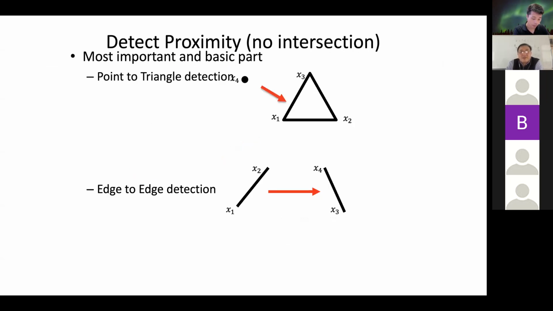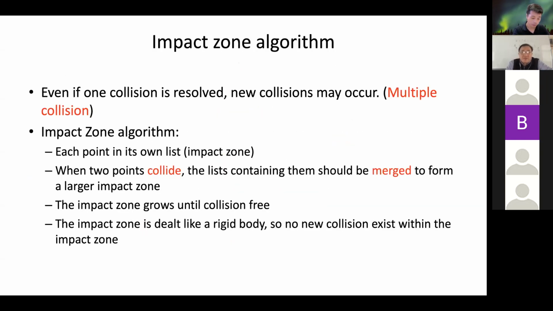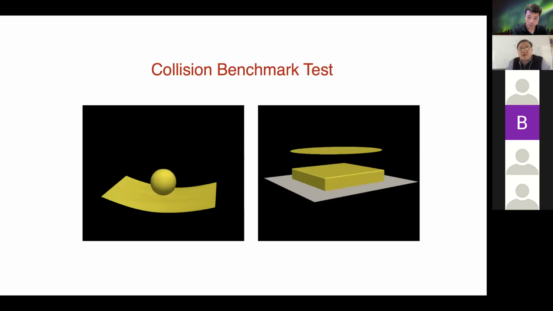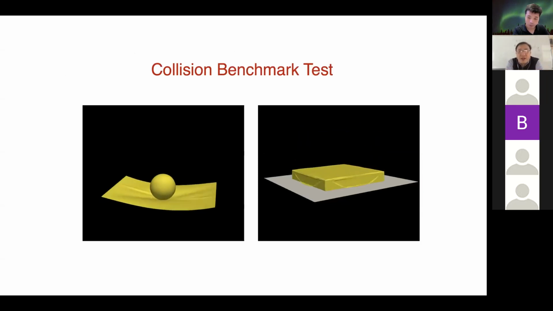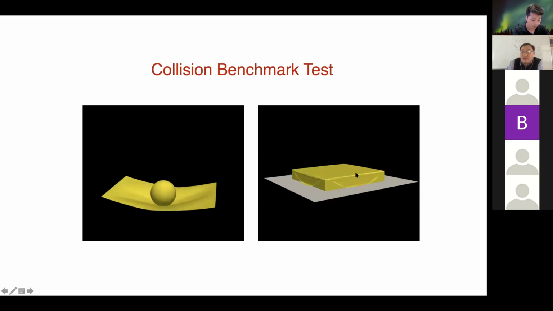revise this method. So let me first show you some benchmark simulations that we have on the existing code. This is a solid ball bouncing on the fabric surface.